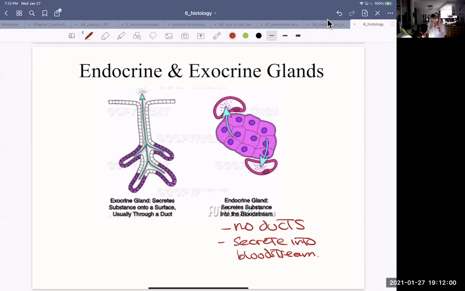Exocrine glands, however, have ducts. And the ducts empty their contents onto the surface of either the body or possibly into the gut.